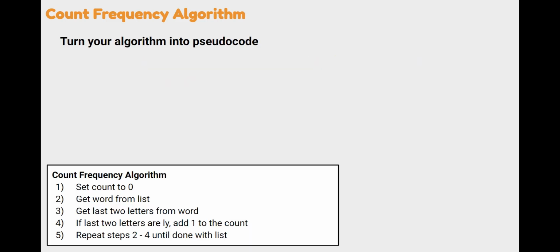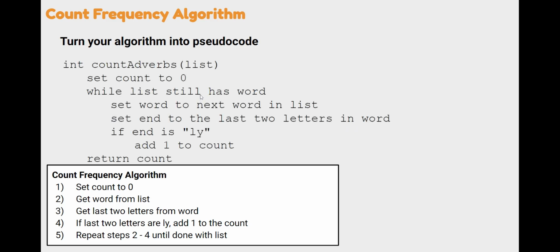Go ahead and take a minute and turn your steps into pseudocode. Here is our pseudocode. Our method is called count adverbs. We're going to be given a list and we're going to return an int, which is going to be the count of words in there that are likely to be adverbs. We're going to start off by setting our count to 0.